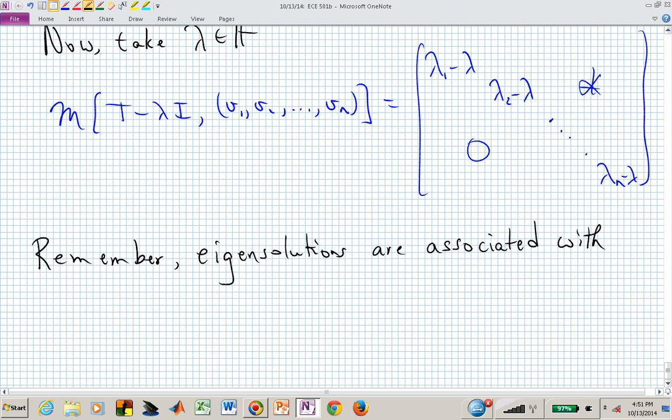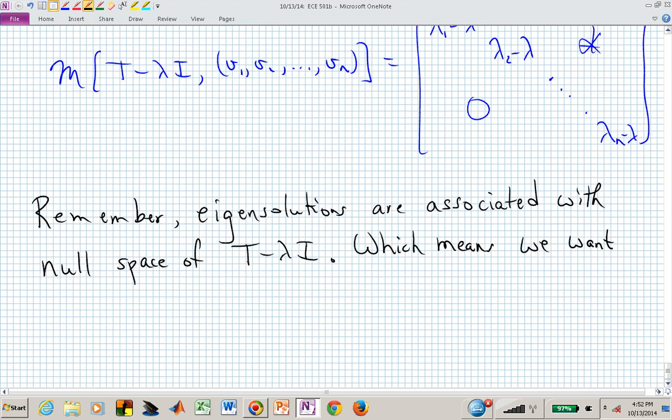So now the eigenvector needs to live in the null space. We know that these eigensolutions are associated with a null space, and in this case, it's the null space of T minus lambda I. So the eigensolutions are associated with the null space of T minus lambda sub i I. Which means we want T minus lambda sub i I to have a non-trivial null space.